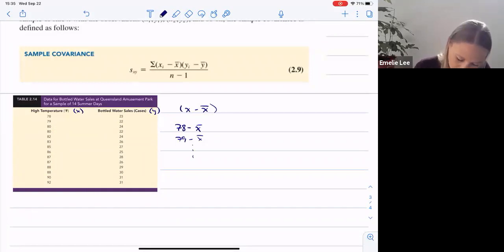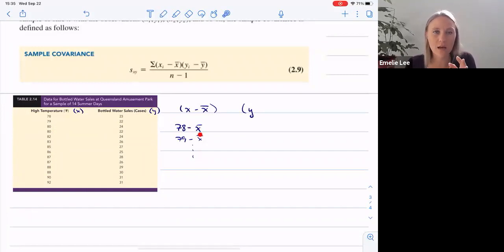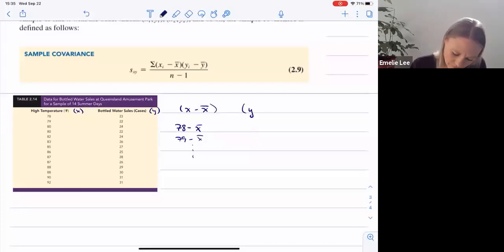Then I would make another column. And that's just because I like to break it down into tiny itty bitty increments, right? Because I don't want to find this distance and then multiply it by another difference and then add them up. That's just a lot of steps for me to do in one go.